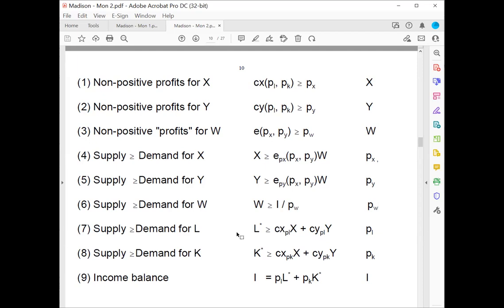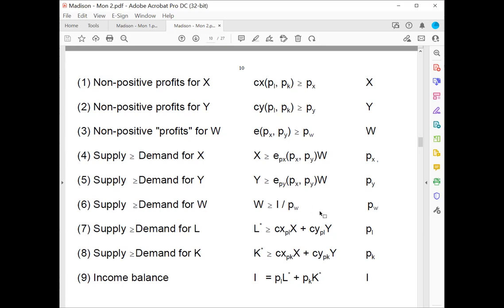You can think of welfare as a produced good. There's a technology that turns goods X and Y into welfare. It's in people's heads, but it's just a useful way of doing it.